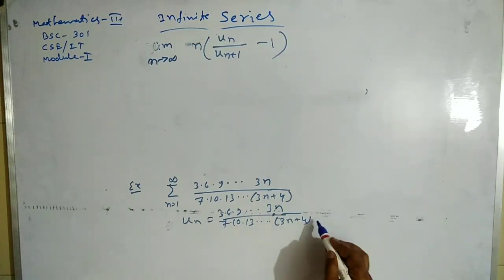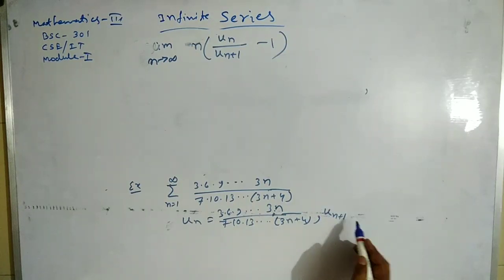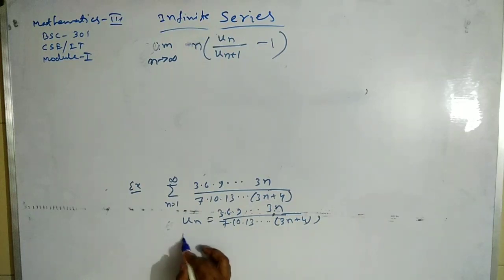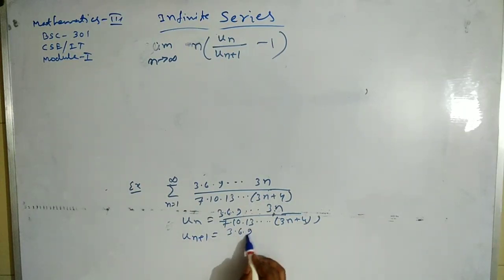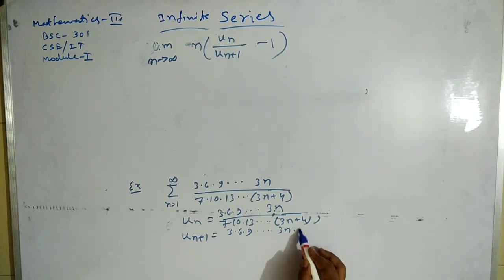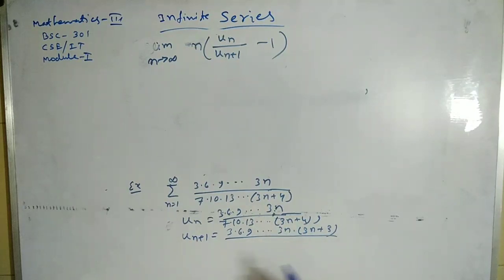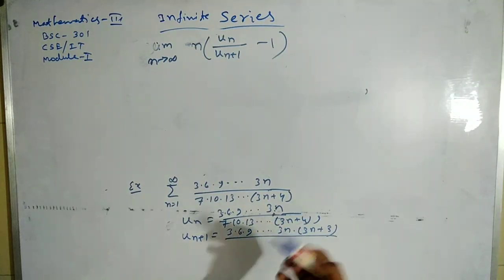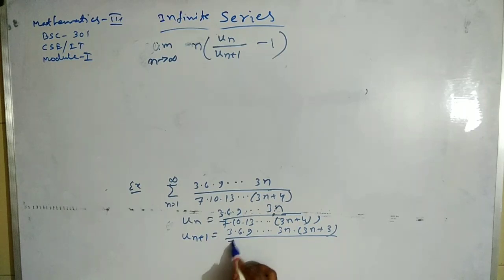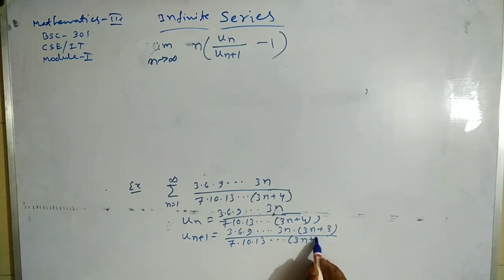This is un, and then un plus 1 will be 3 into 6 into 9 into 3n into 3n plus 3, that is, we are putting n plus 1 in place of n, by 7 into 10 into 13 into 3n plus 4 into 3n plus 3 plus 4, that is 3n plus 7. This will be un plus 1.